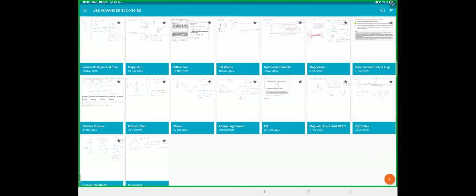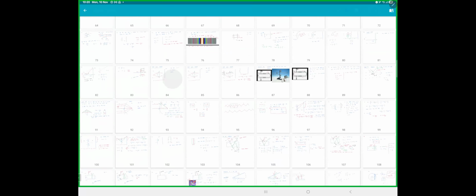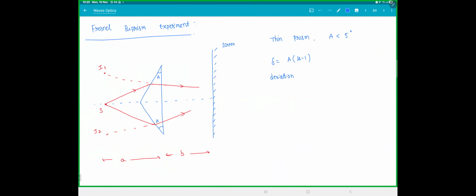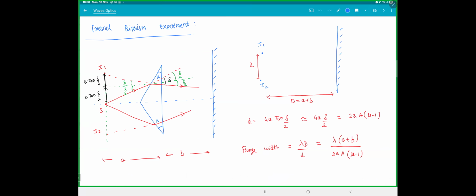Someone said modern physics semiconductors. Good thing didn't say kinematics. Wave optics. Fresnel biprism experiment, remember? This is important. It was a 4 marks HSC boards question. If you're in HSC board, this is a 4 marks HSC derivation, this whole thing, don't forget.